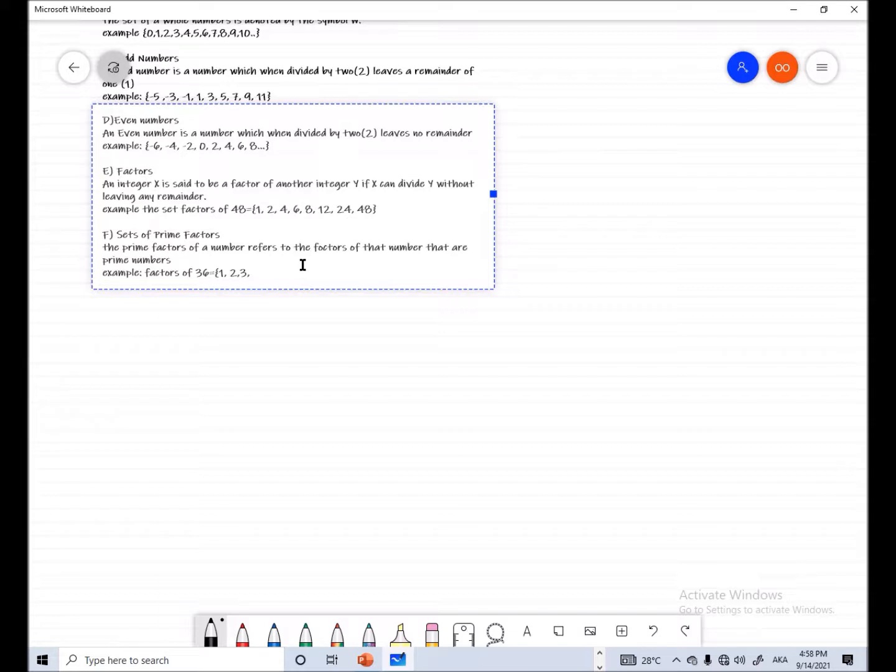Do we have 4? 4 times 9 is 36, so 4 is a factor too.